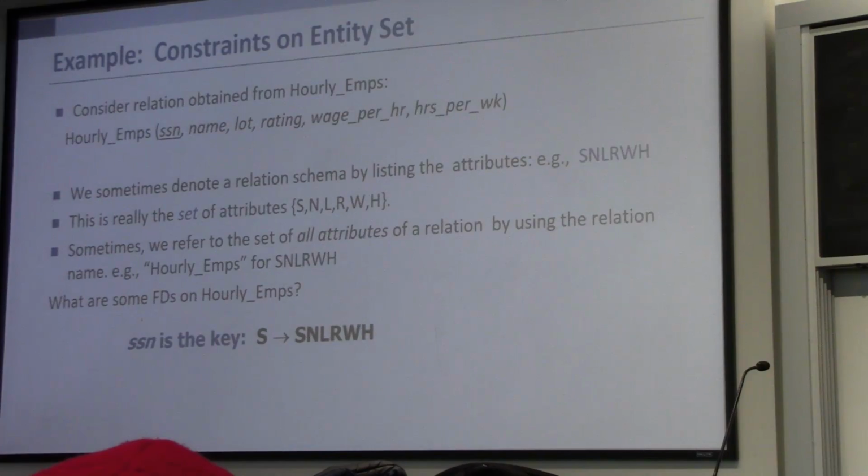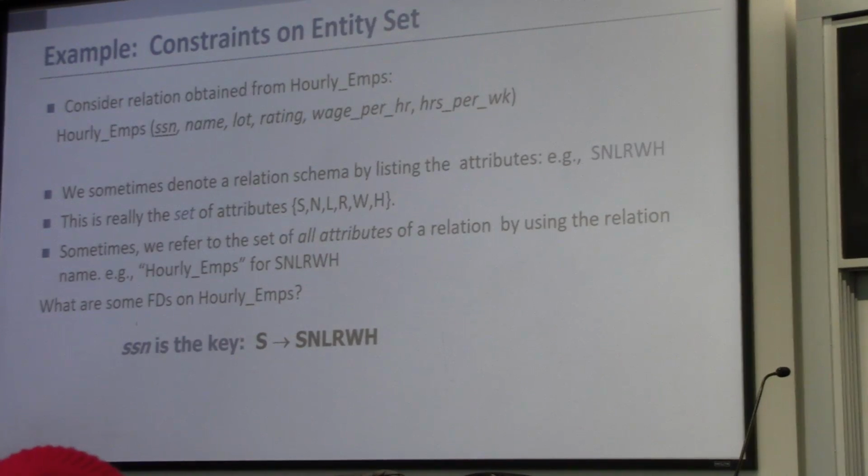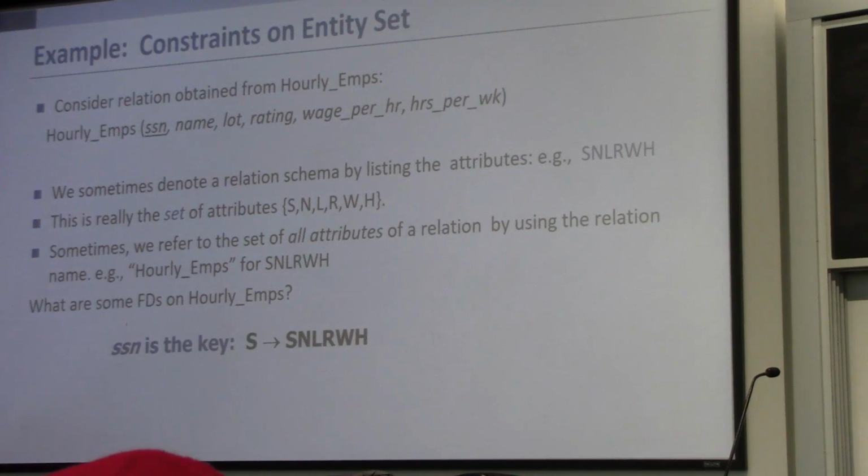Why do we have this functional dependency? That's why I said earlier, when you asked, that we only have key attributes in functional dependencies. That's a good question, because keys automatically give you functional dependencies. So why does S determine SNLRWH? And this, by the way, is the same as saying S determines every single one of them.